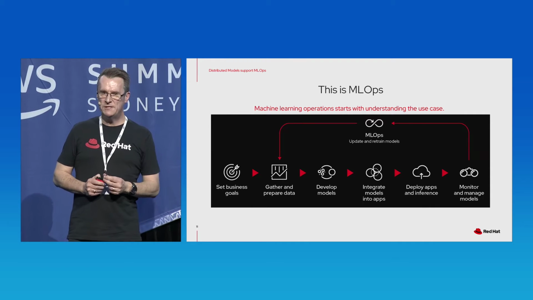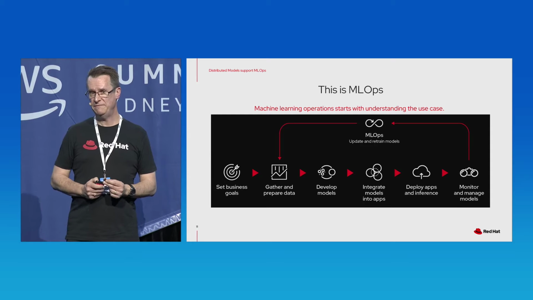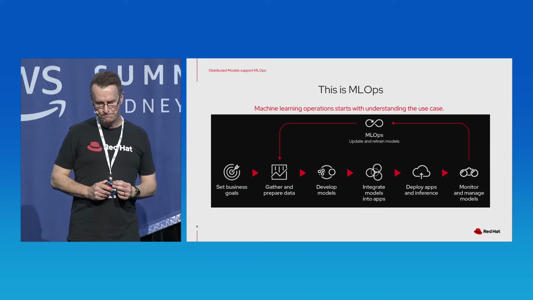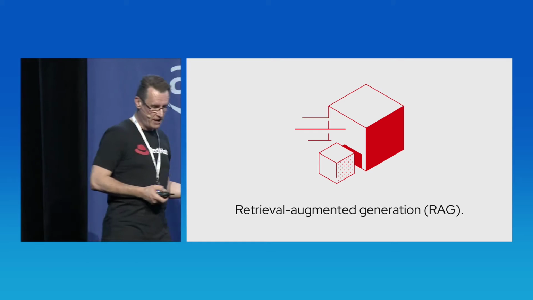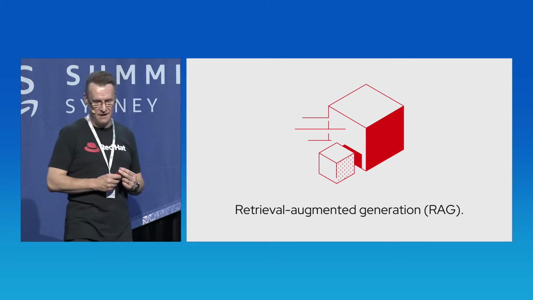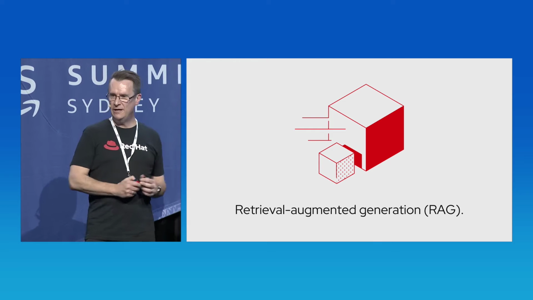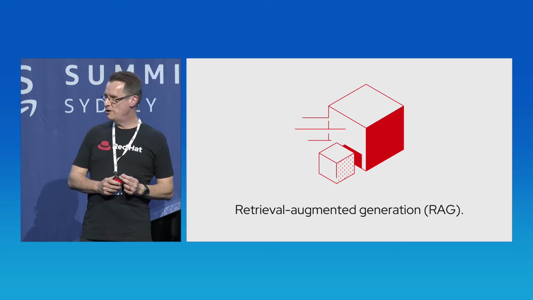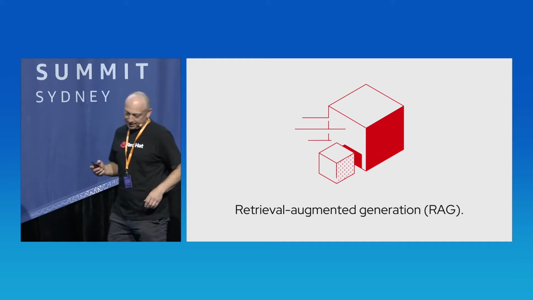And MLOps is something that we certainly encourage and can actually help you achieve, once again, by using the platform. One of the things that you might look at is a foundational model like retrieval-augmented generation, RAG. And this is something that my colleague August is about to walk you through right now. August, over to you. Awesome, thanks Jeff.